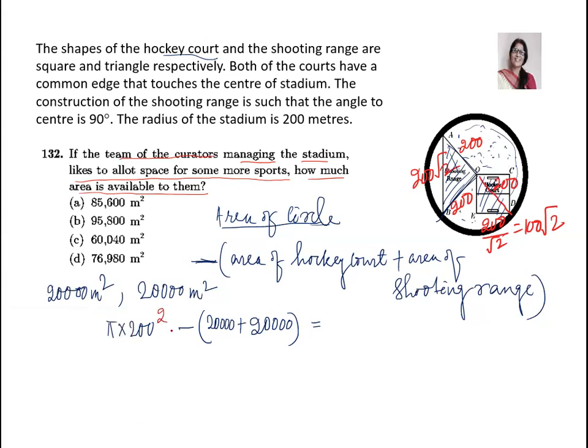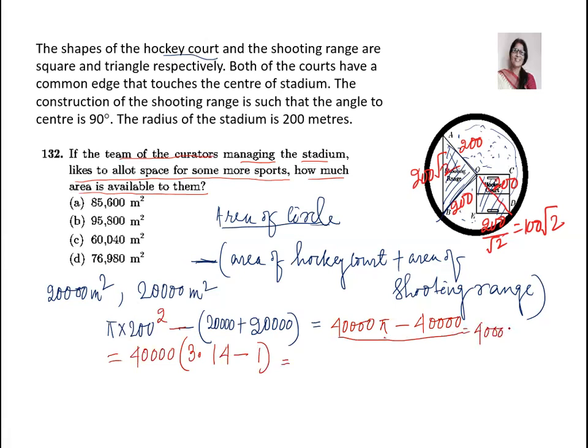So 200 square will be 40,000 pi minus 40,000. So I can take 40,000 common, pi minus 1 will be left.